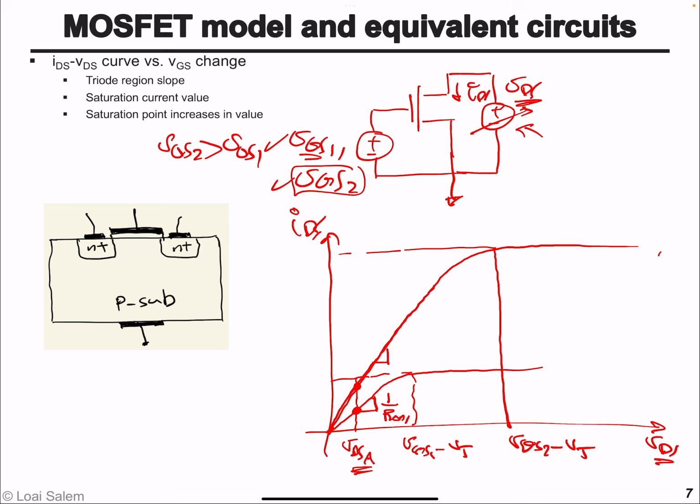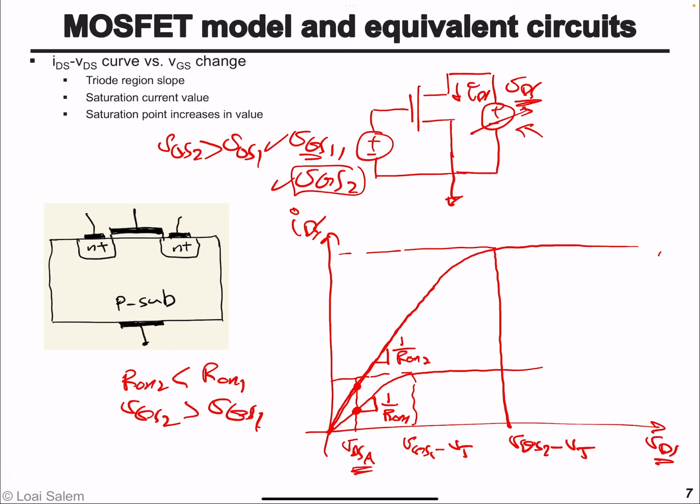So when we have VGS1, we have 1 over R on 1. When we have VGS2, we have 1 over R on 2. So obviously the value of R on 2 is smaller than R on 1, and that's for VGS2 that's larger than VGS1.